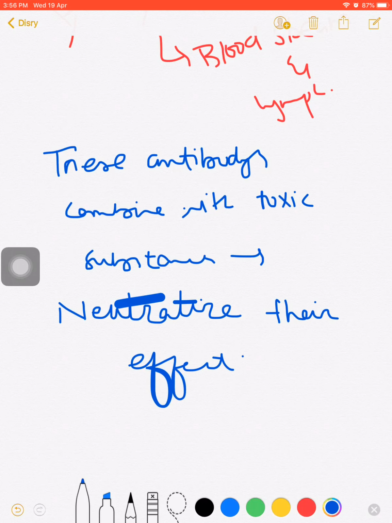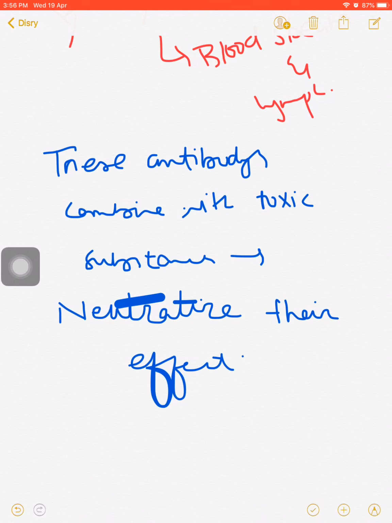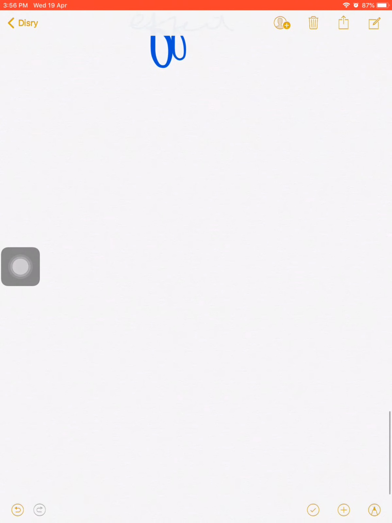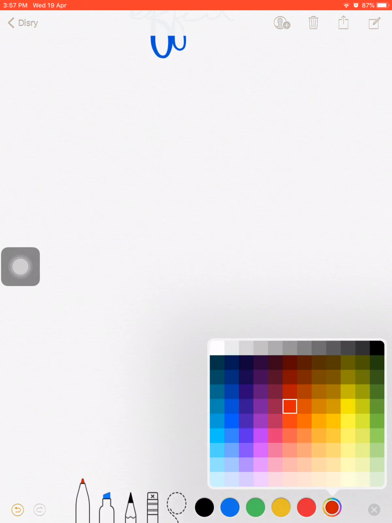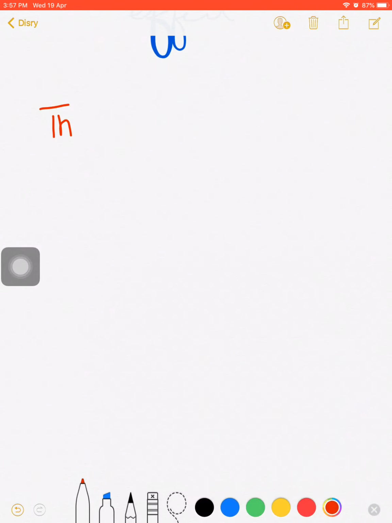Moreover, these antibodies also activate the complement system. We have studied the complement protein system.